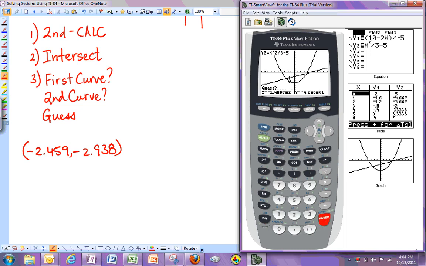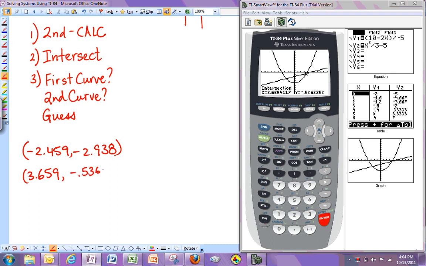And then for guess, if I guess over here again, it'll probably find that point. So I want to move the cursor way over to this other intersection point, and then hit enter over here. So now it'll search this area, and there's my new intersection point, which is 3.659 and negative 0.536. And there we go.